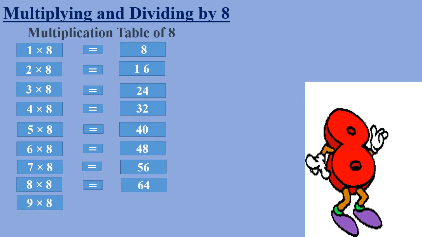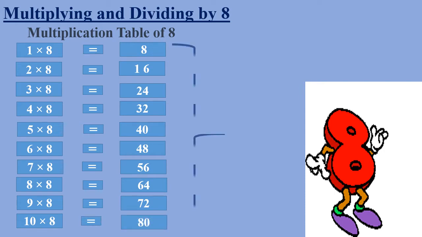Then 6 multiplied by 8, the answer is 48. 7 multiplied by 8, the answer is 56. 8 multiplied by 8, the answer is 64. 9 multiplied by 8, the answer is 72. 10 multiplied by 8, the answer is 80.